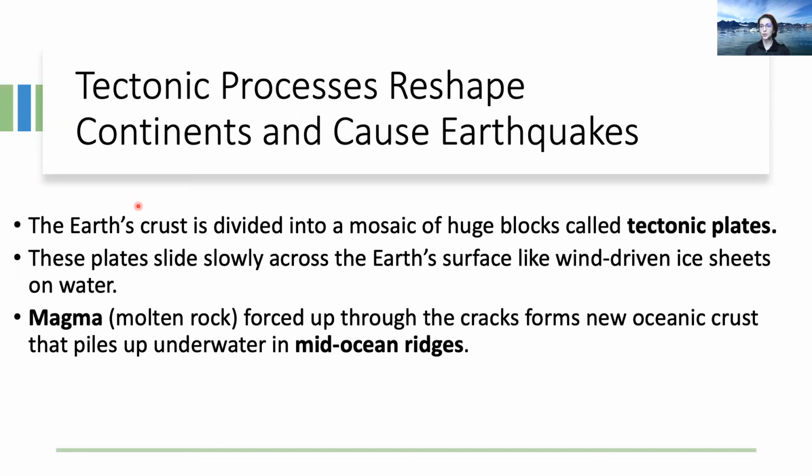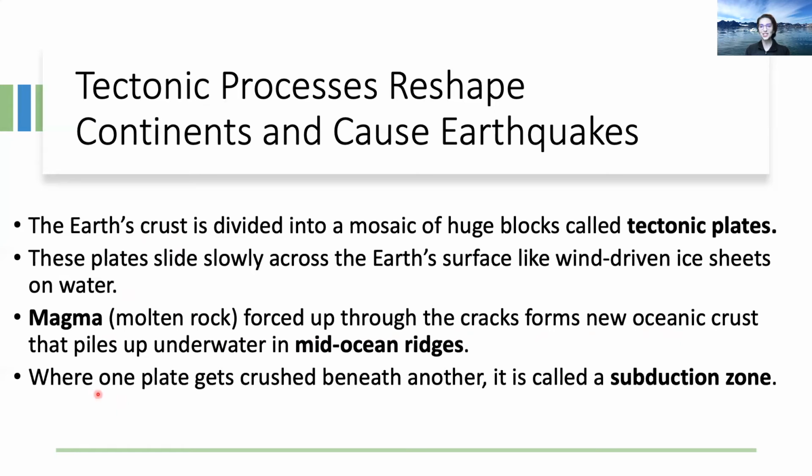Beneath that, we have magma or molten rock that's forced up through cracks and fissures, particularly in the ocean, that forms new oceanic crust that piles up underwater in mid-ocean ridges. So that molten rock is forced up through cracks, and once that molten rock hits the really, really cold seawater, it begins to condense and form rock.